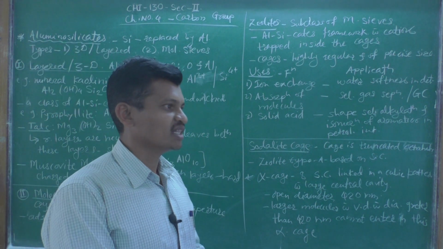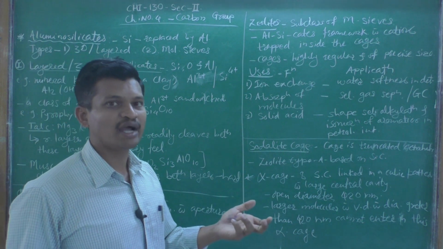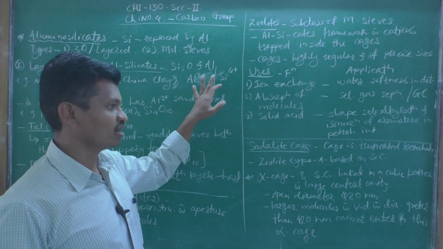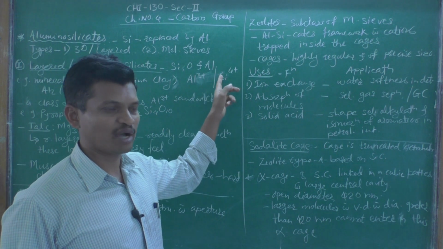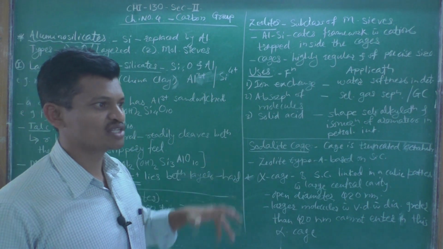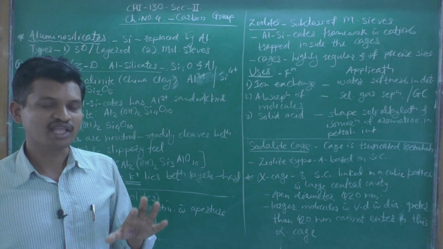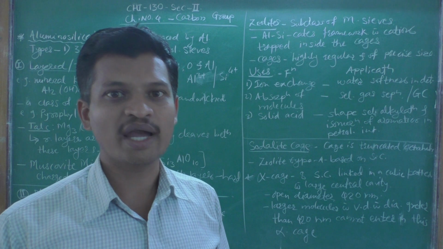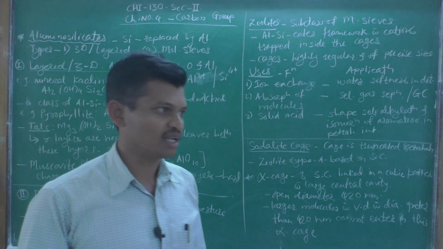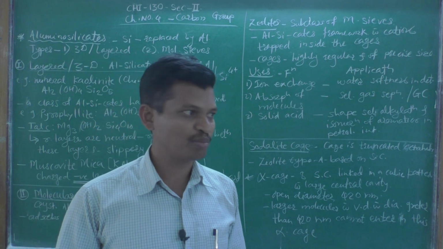This is the reason why aluminosilicates have an overall negative charge if they are not counterbalanced by any other cation such as H plus, Li plus, Na plus, or 1/2 calcium 2 plus.